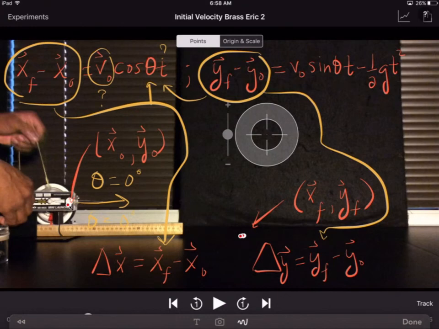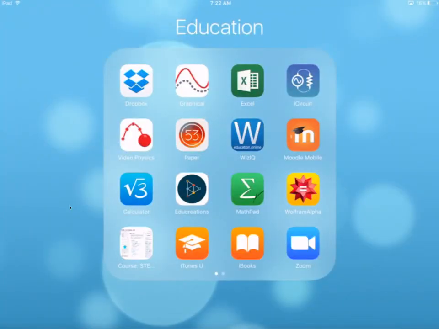Again, sine of theta, sine of 0 is 0, so this piece is just going to go away. We know gravity, and that's it. So this is the theory matched to the experiment. So now let's just go to the experiment.